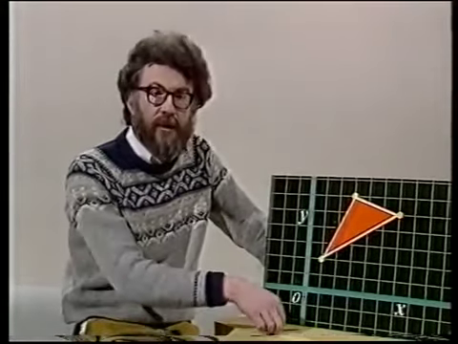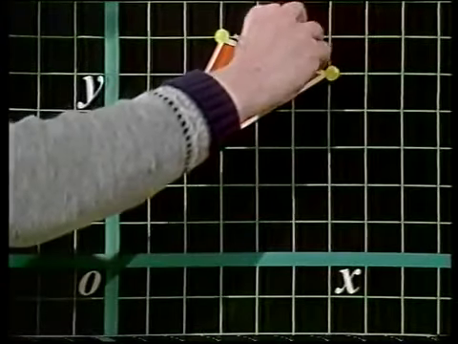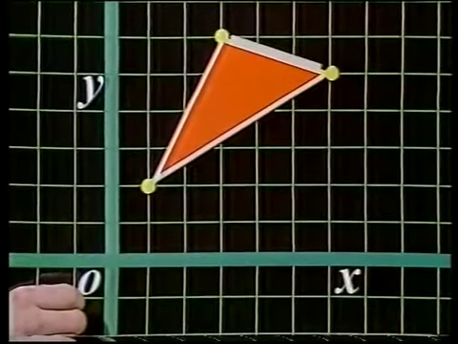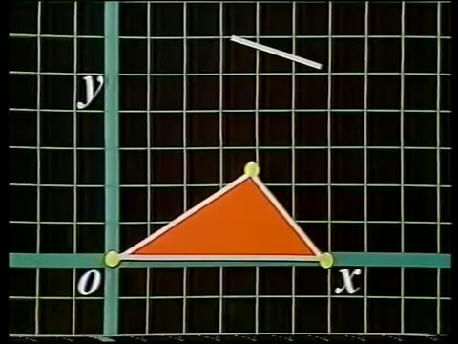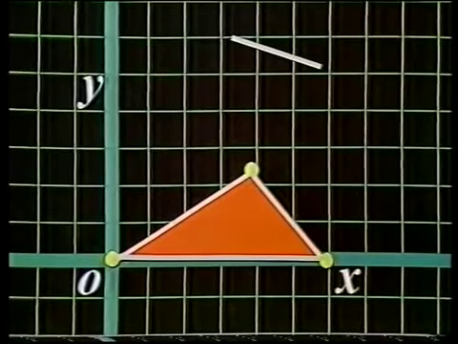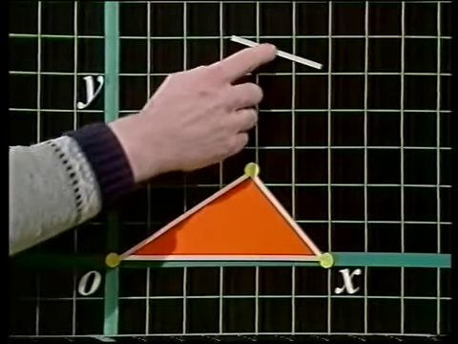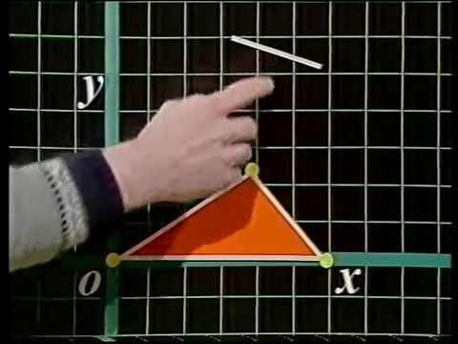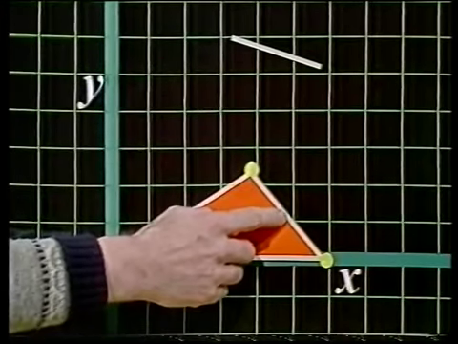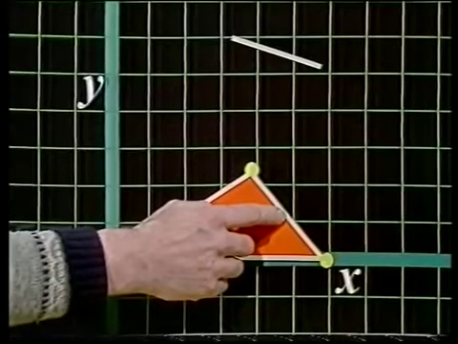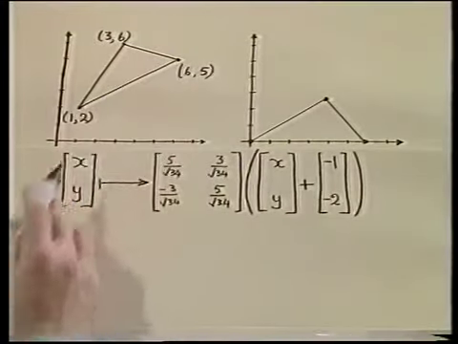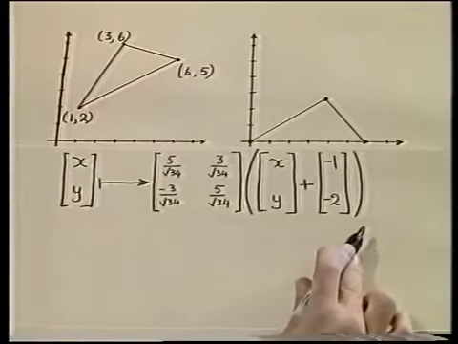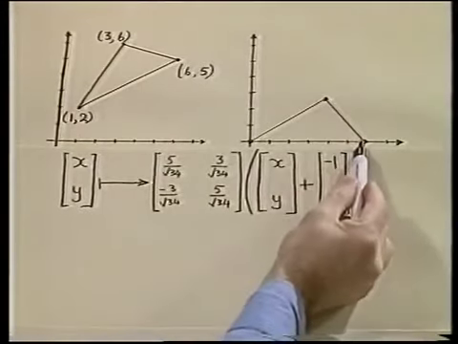For example, in the geometric transformation, this line gets mapped to this line. But we must be sure that when we apply our matrix transformation formula to the coordinates of any old point on the original line, we do indeed obtain the coordinates of some point on this line. So what I've got to do is to take a point on this line, transform it using this matrix transformation, and show that I get a point on this line.